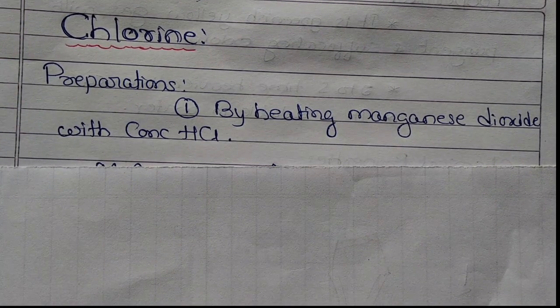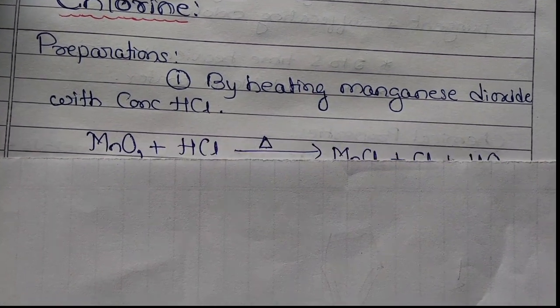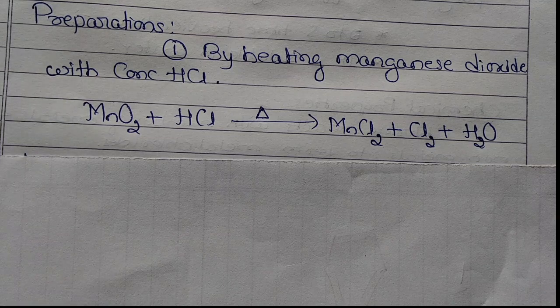Chlorine is prepared by heating manganese dioxide with concentrated HCl. Instead of concentrated HCl, we can use sodium chloride and sulfuric acid also. So this is the reaction: MnO2 with HCl gives MnCl2 and chlorine gas is liberated.